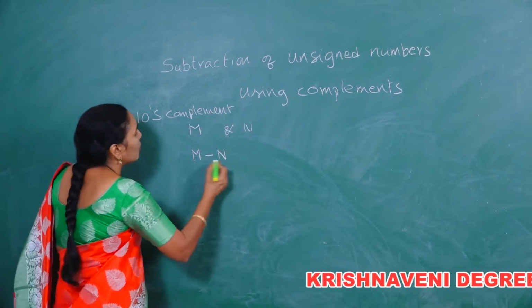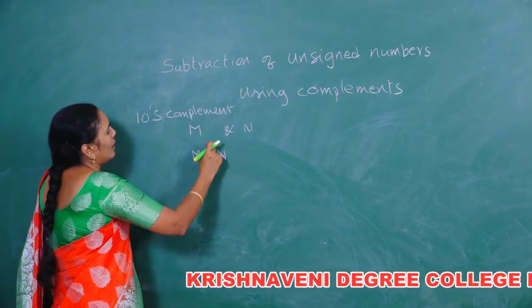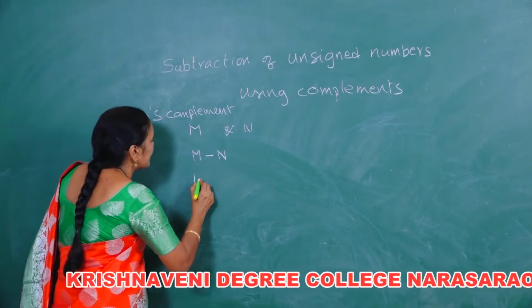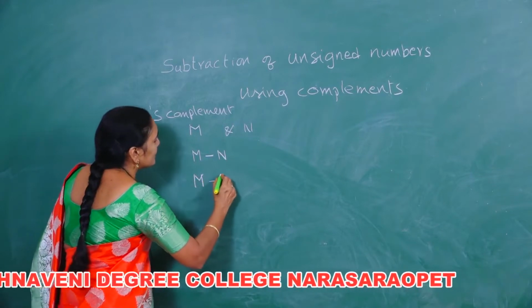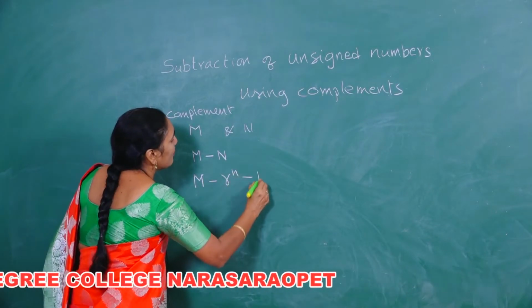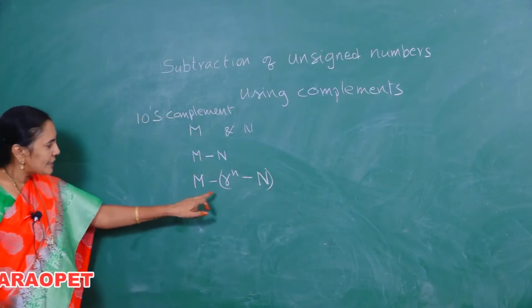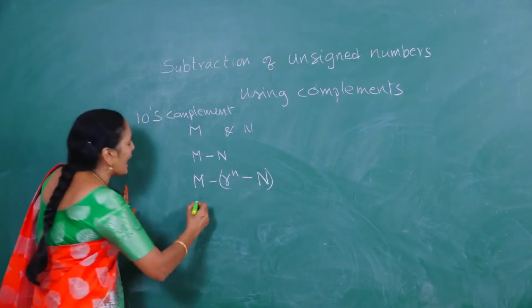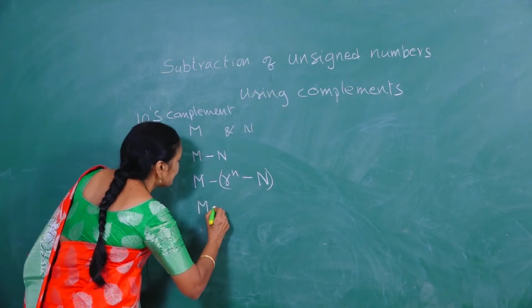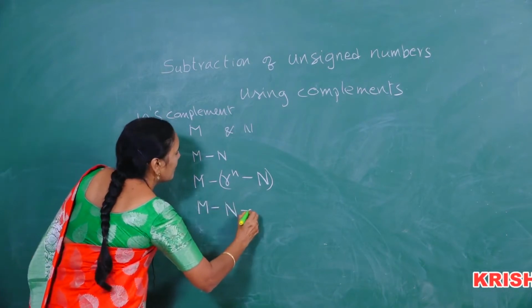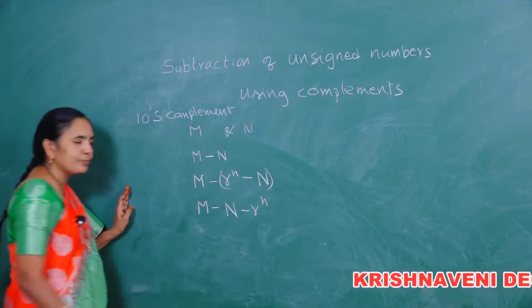The 10's complement of n is written as r to the power of n minus n. So, m minus n can be rewritten as m plus the 10's complement of n, minus r to the power of n.